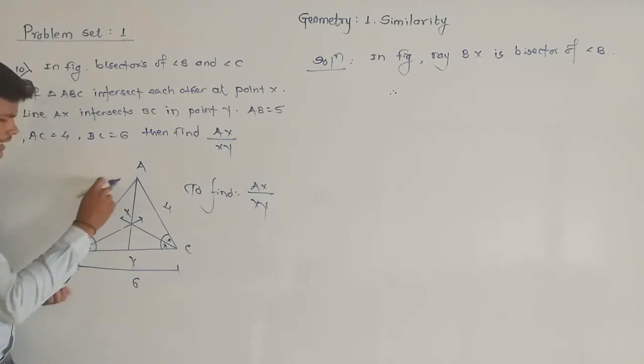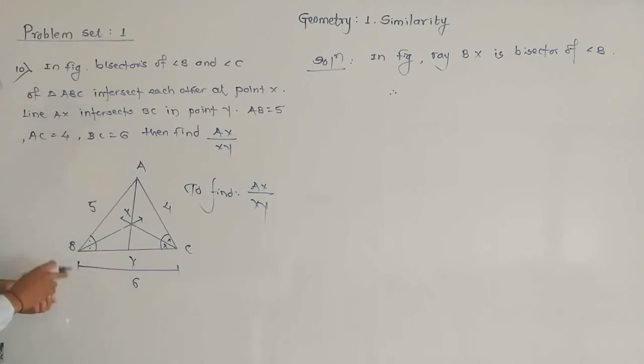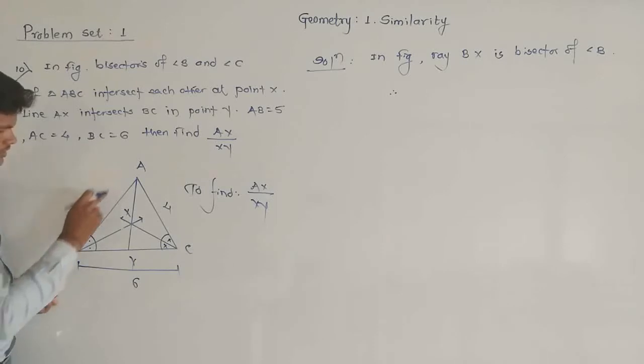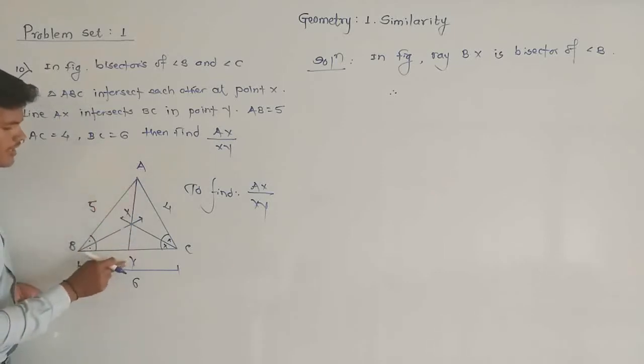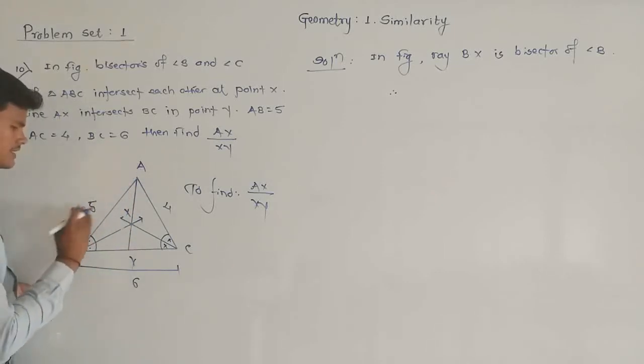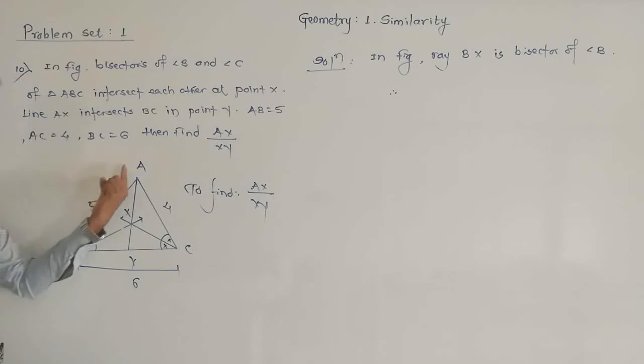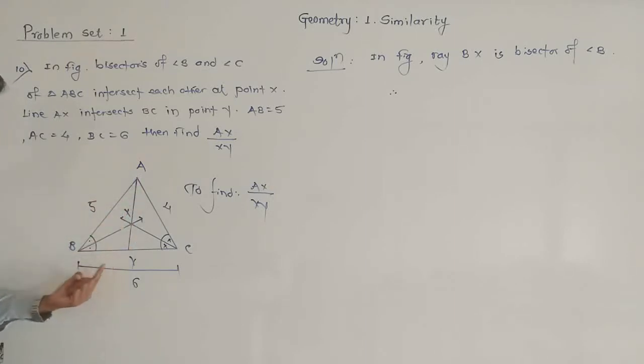So in triangle ABY, because angle B is bisected by ray BX, the opposite side is AY. So the ratio of that side we get is AX upon XY. What is it equal to? The ratio of the remaining sides of the triangle. So the remaining sides of the triangle are AB and BY.